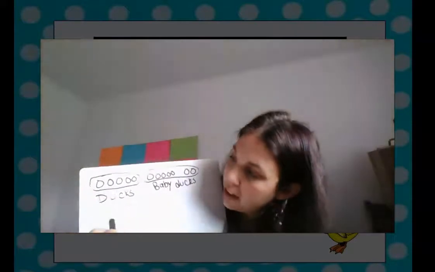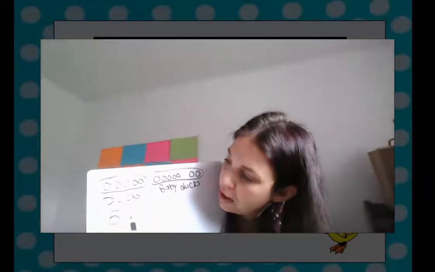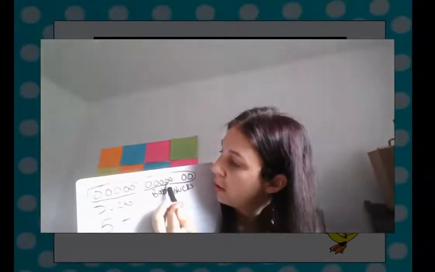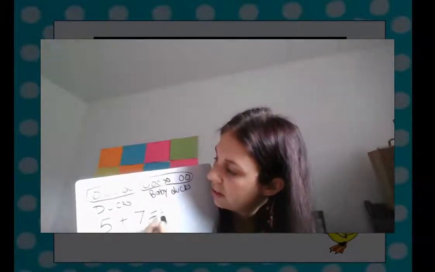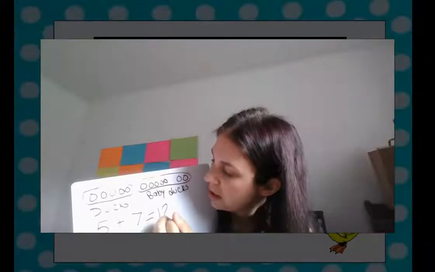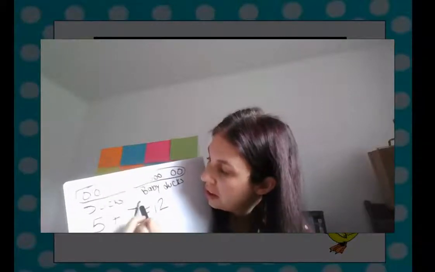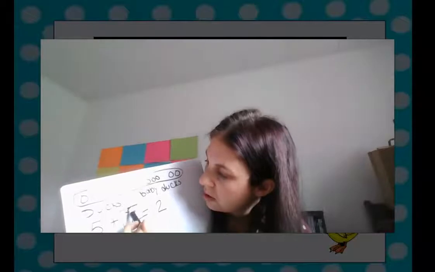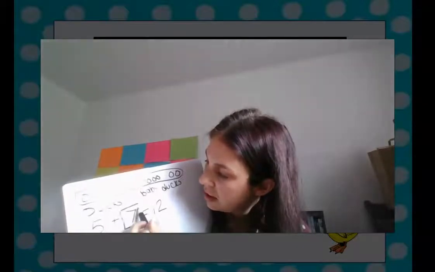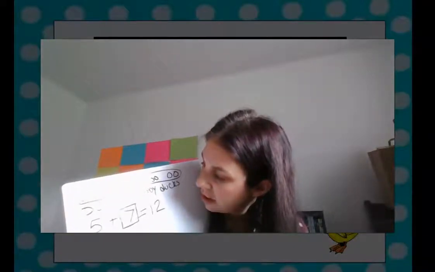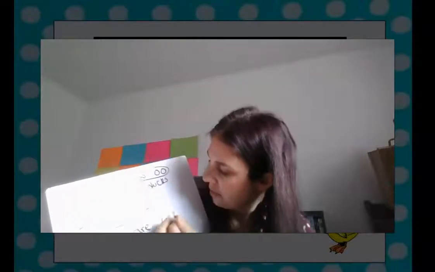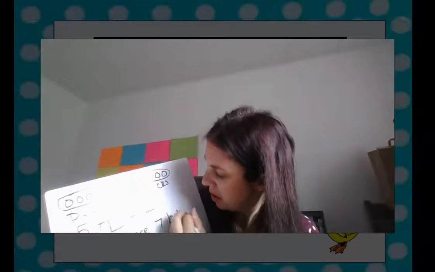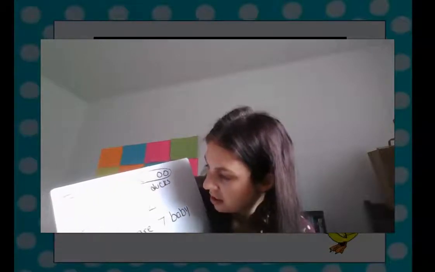So we have how many here? 5. And how many here? 1, 2, 3, 4, 5, 6, 7. And that total was 12, if you remember. So this is how many there are: 7 baby ducks.